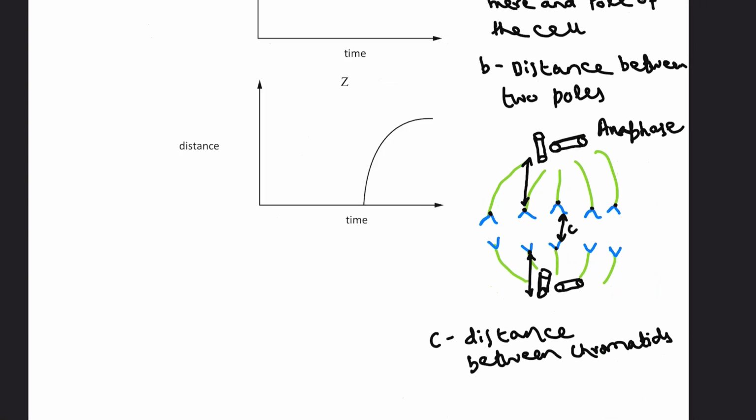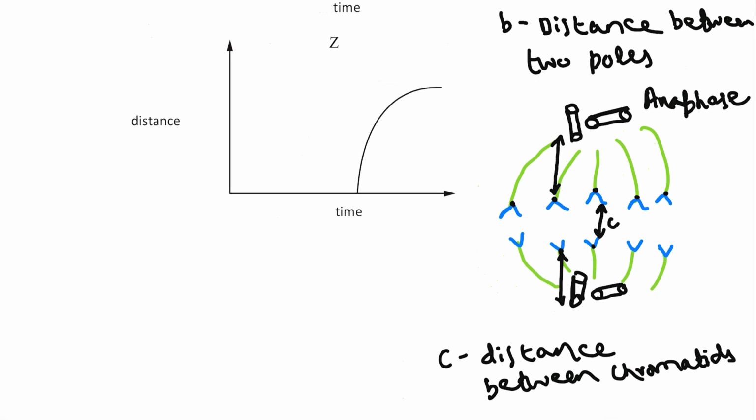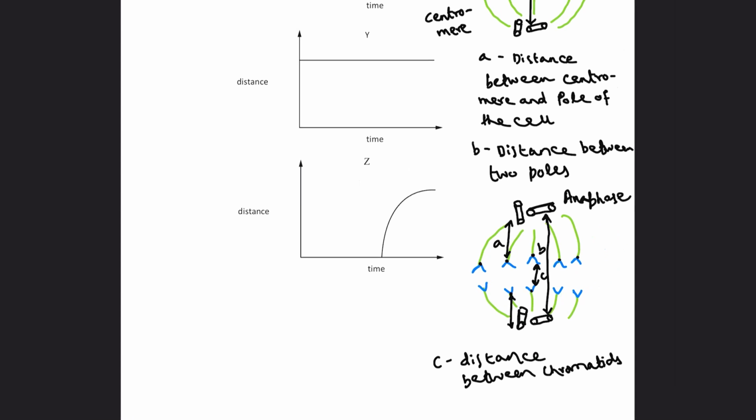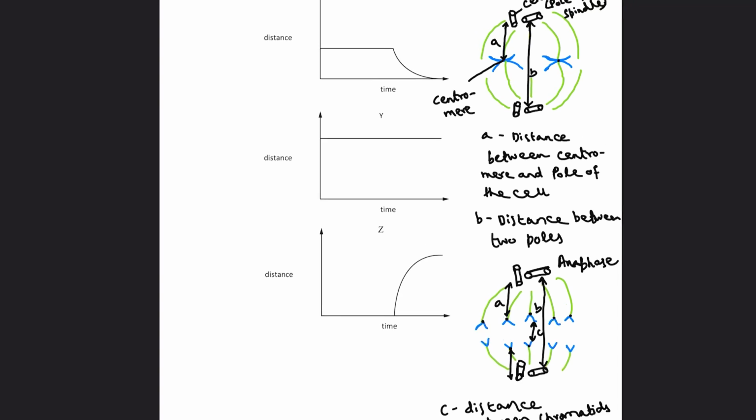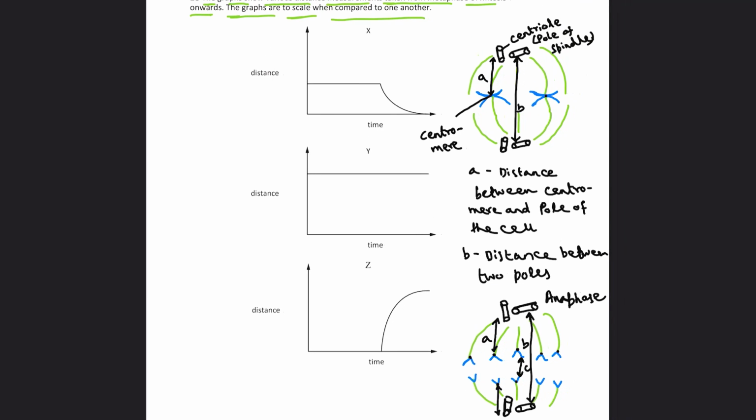Okay, what about the distance between the poles? Guys, the distance between the poles of the cell will stay constant. The distance A decreases, the distance C increases, and the distance between the poles, which was the distance B, stays constant. So guys, over here we can see these three distances that I have mentioned.